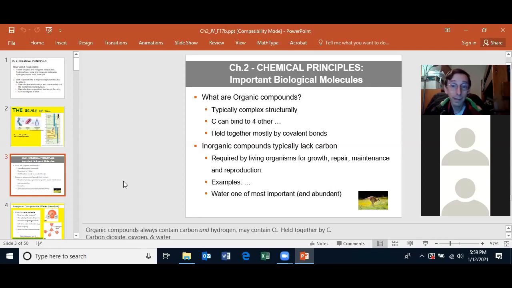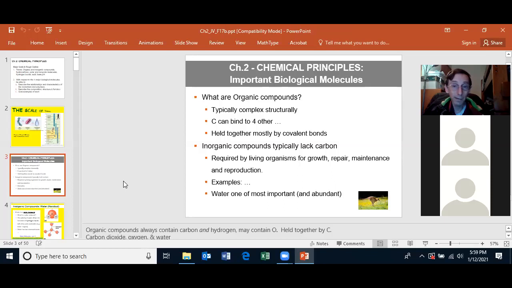Inorganic compounds typically lack carbon, but inorganic compounds are required by living organisms for the organism to grow, to repair themselves, to maintain themselves, and for reproduction. Examples of some inorganic compounds include water, which is actually the major molecule in all living things, water, H2O, carbon dioxide, and oxygen.